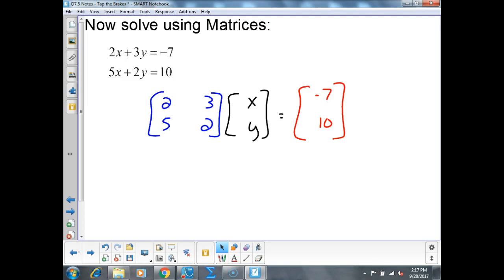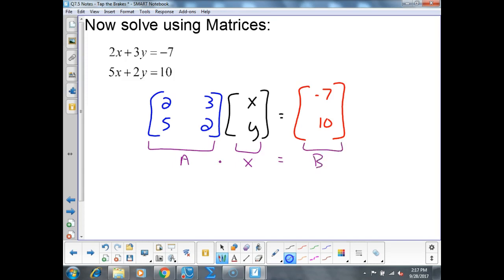And then normally we would take, so if we call this one matrix A times matrix X equals matrix B, I would say that X then is equal to the inverse of A times matrix B. Now, longhand, I'd first have to find the inverse. Then I would have to do the multiplication.